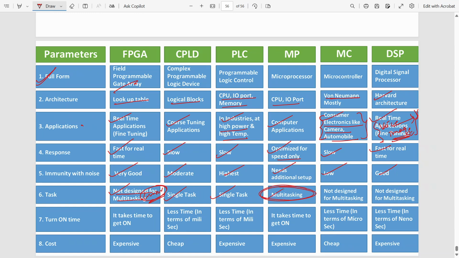Your laptop, or the processor in your mobile, is doing multiple tasks. This other one is not designed for multiple tasks, it is used for a specific task, a specific application, like image and voice related applications.